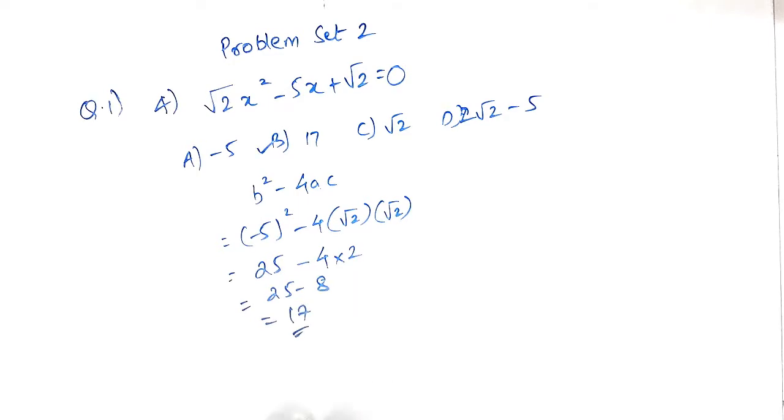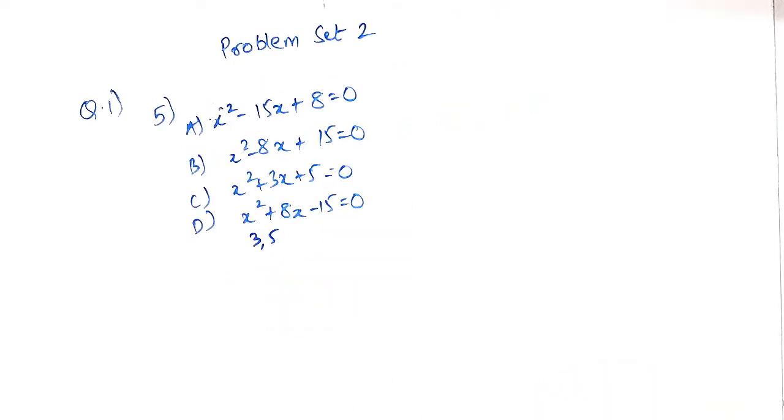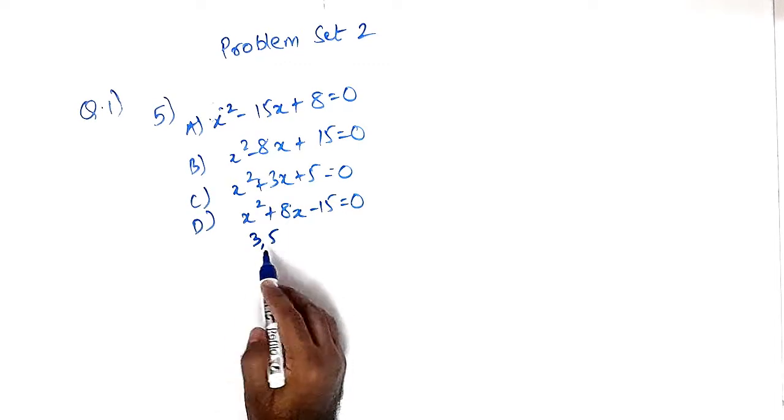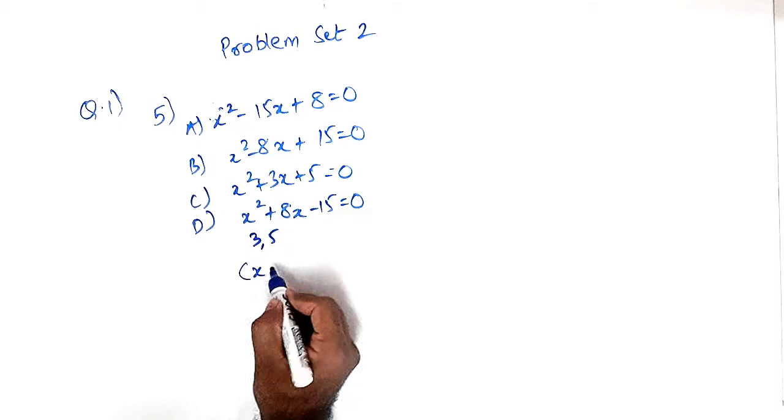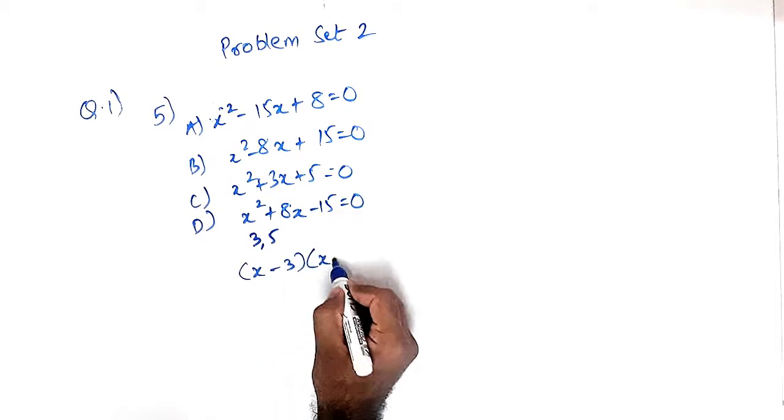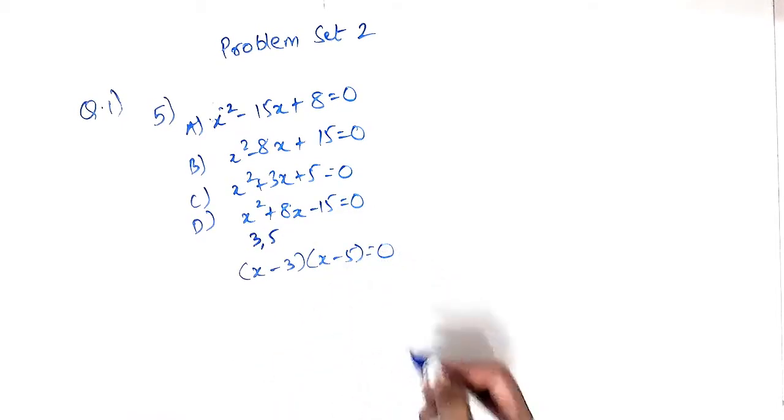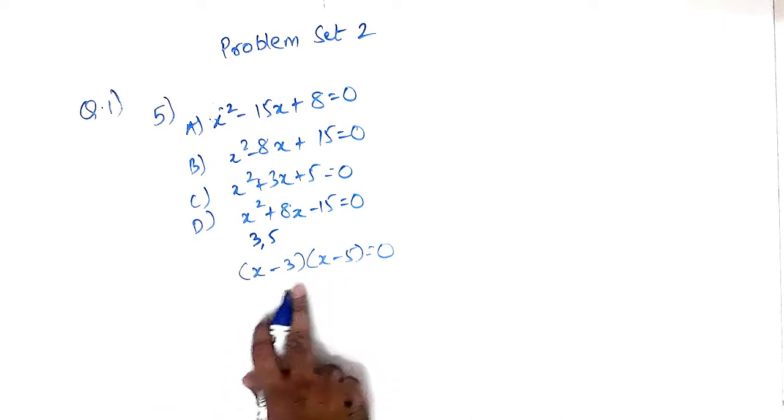Okay. Then question number 5 says that which of the following equations has the roots 3, 5. So of course, if we want 3 and 5, we should get x minus 3 and x minus 5 as the factors. Very simple to find out.